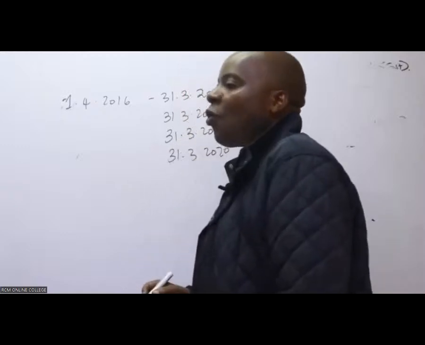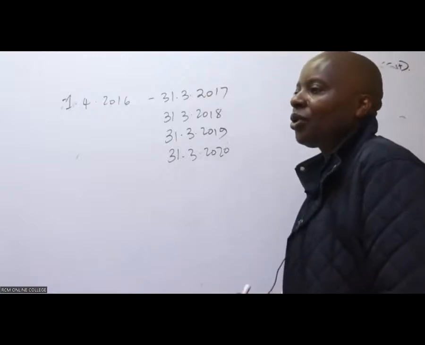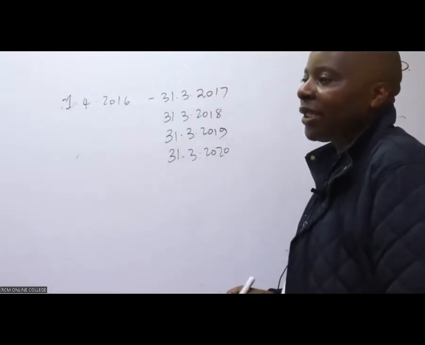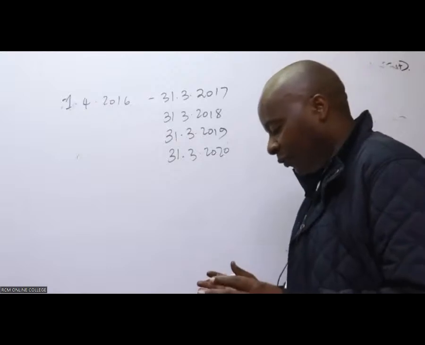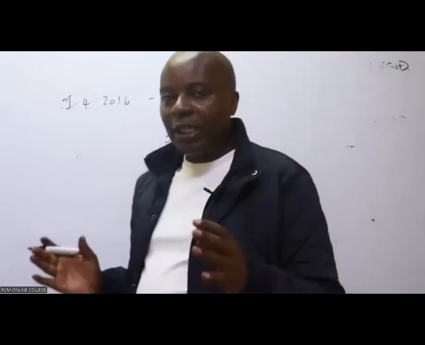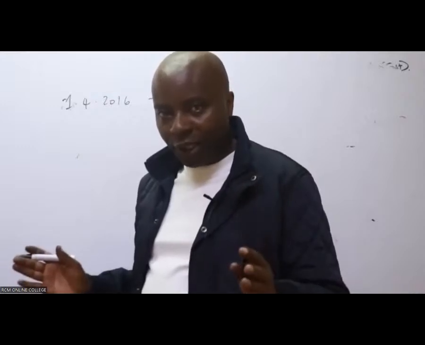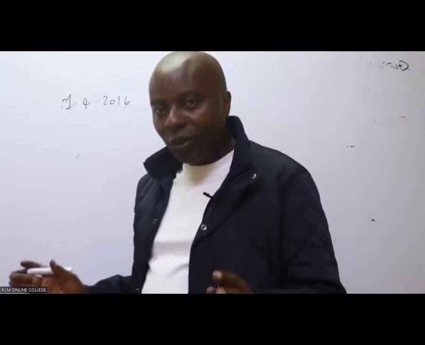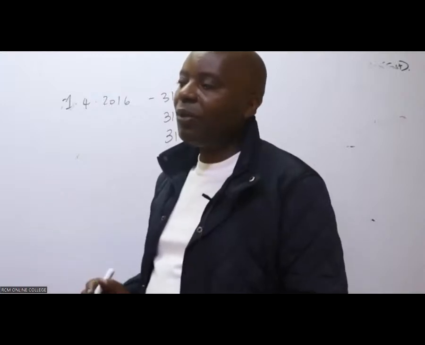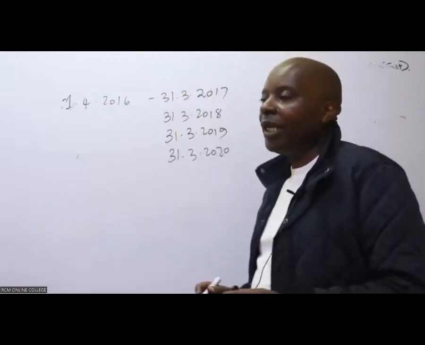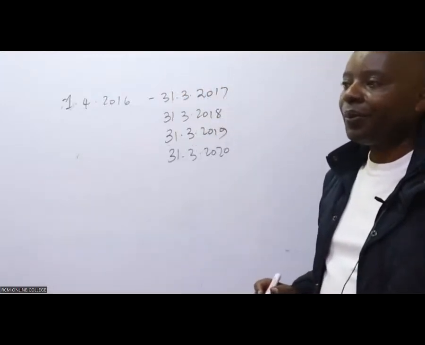So those are 4 years in total. It's always important for you to know what we call the vesting period. You must stay with us for 4 years to vest, to get the promise. If you miss out on the number of years, you'll get a 0 in the entire question.